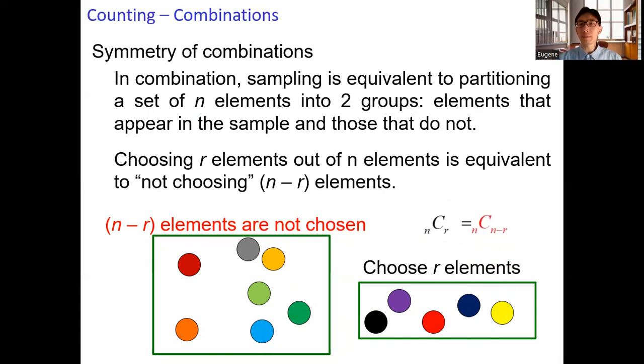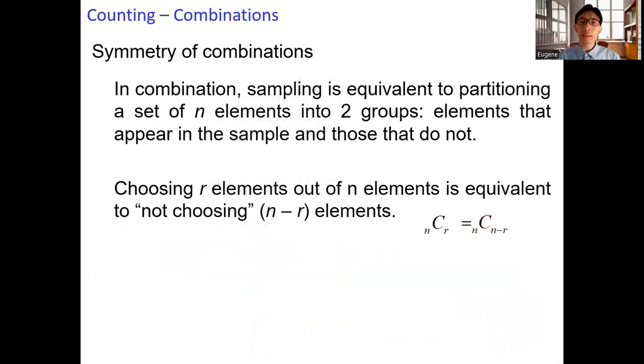They are equivalent. So let's take a look at it using the formula. nCr is equal to nPr over r factorial, which is equal to n factorial divided by r factorial times (n minus r) factorial.